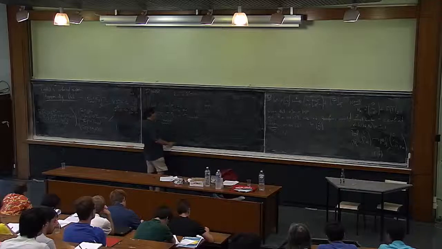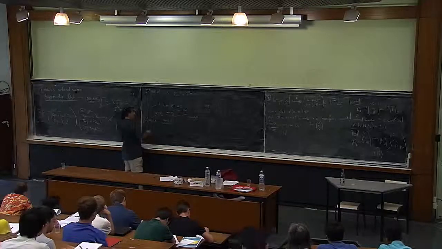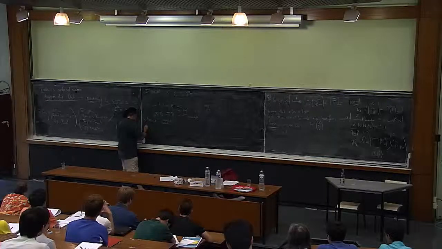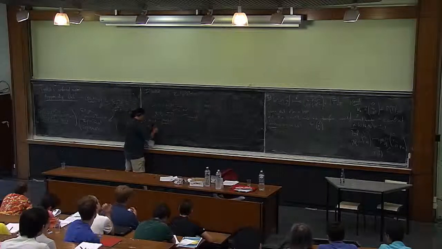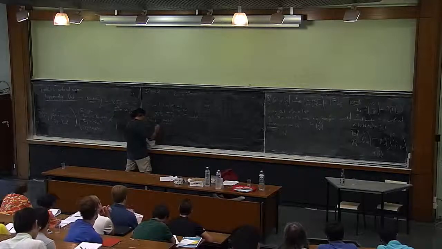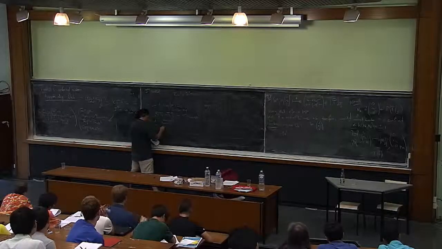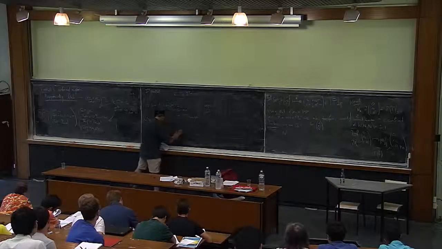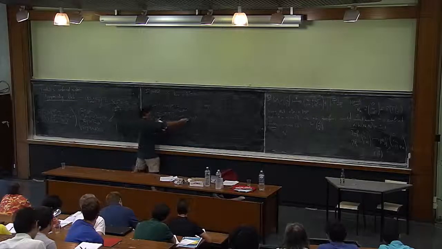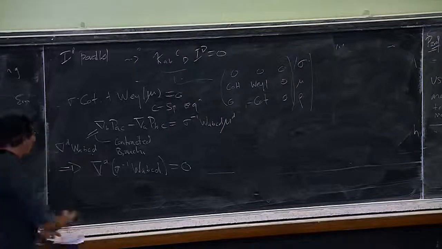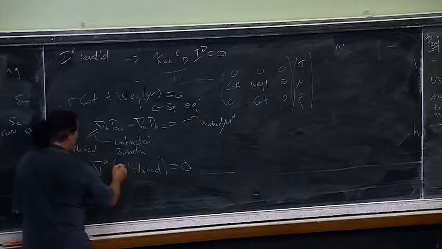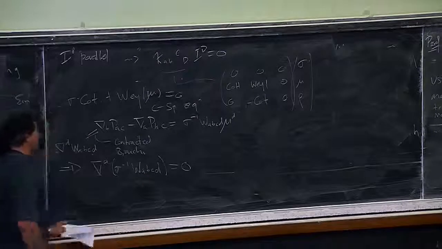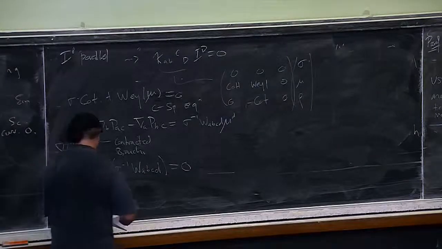And so if we use that, we can combine these two results to conclude, reorganizing some indices, that grad A W_ABCD equals 0. So you put this bit and that bit together, and use the fact that the derivative of sigma is mu, and you get that the divergence of sigma to the minus 2 of the Weyl curvature is 0.